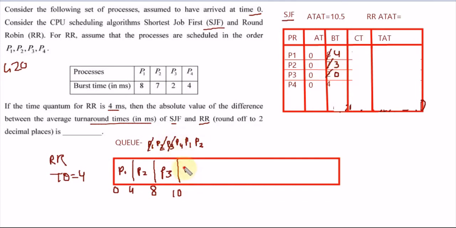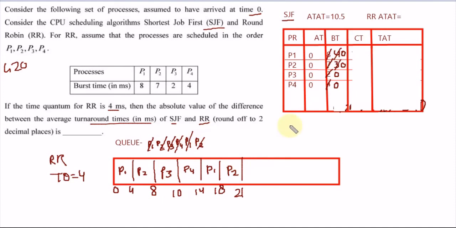P4 then executes from 10 to 14, and it is 0 now, so it will not be scheduled again. P1 comes again and executes till 18, so it will not be scheduled again. After that P2 executes for 3, up to 21. Now this value is 0 and the queue is empty.